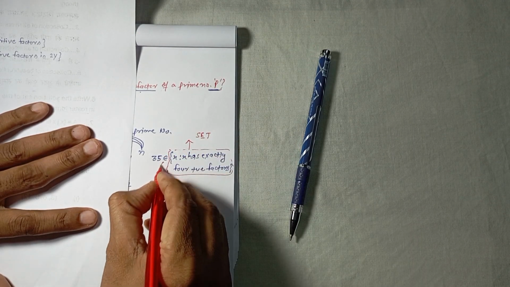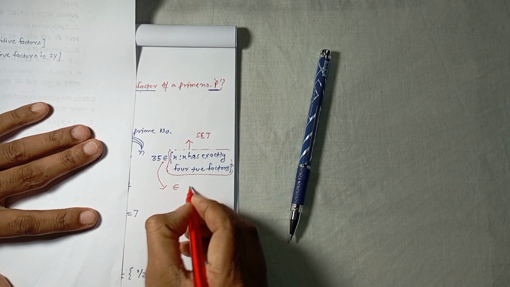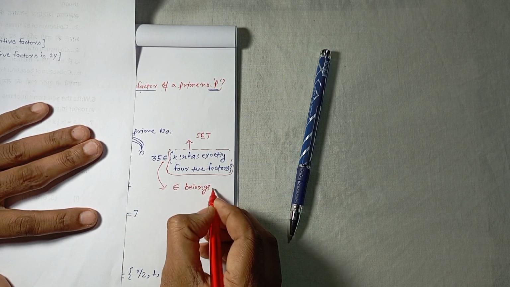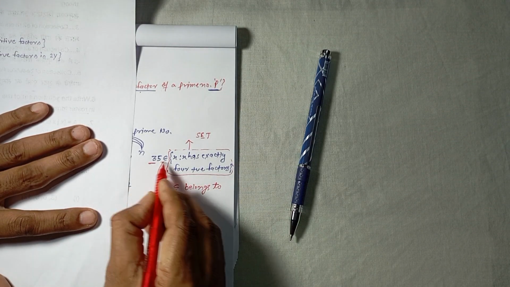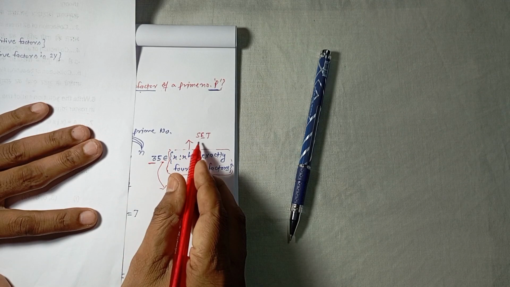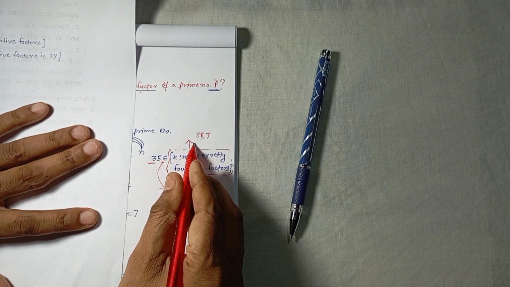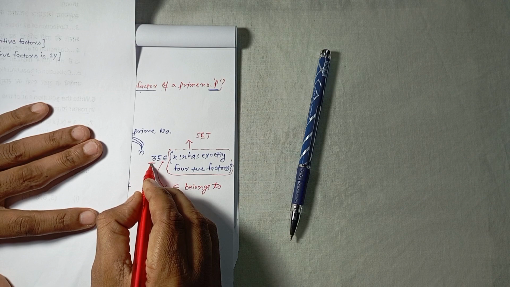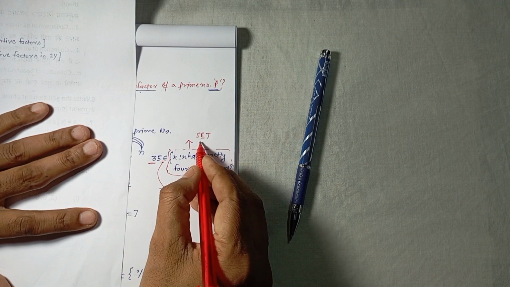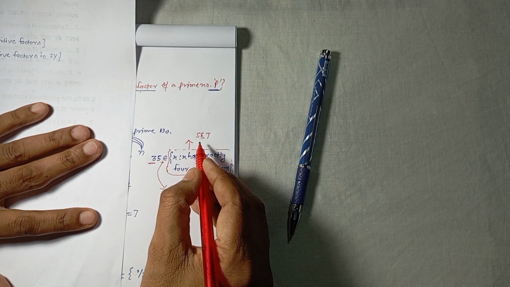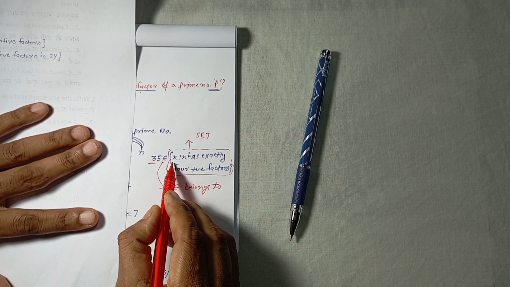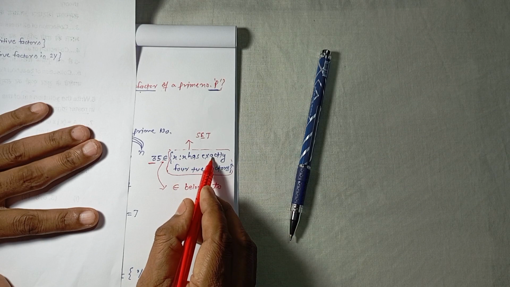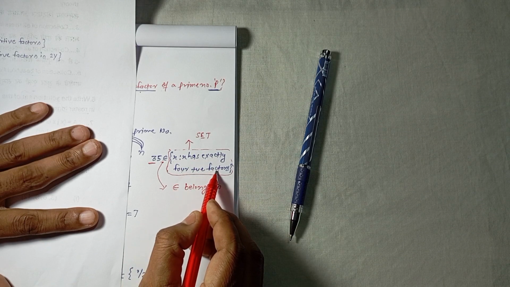This symbol means belongs to. So 35 belongs to a set. 35 belongs to a set means 35 is an element and it belongs to a set. And what kind of set is it? It is a set made up of elements x which have exactly 4 positive factors.